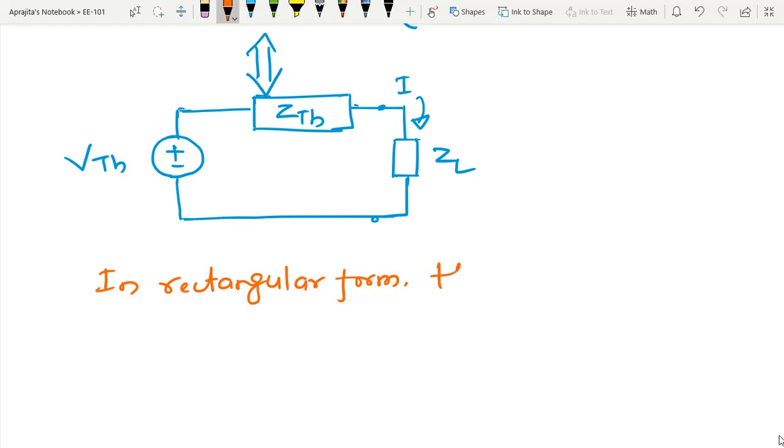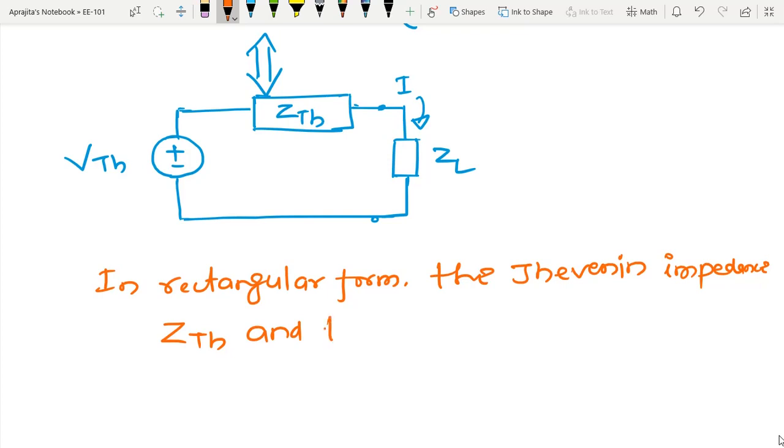Here in case of AC we are generalizing the Thevenin's resistance by impedance, and that impedance is ZTH, and the load impedance is ZL.